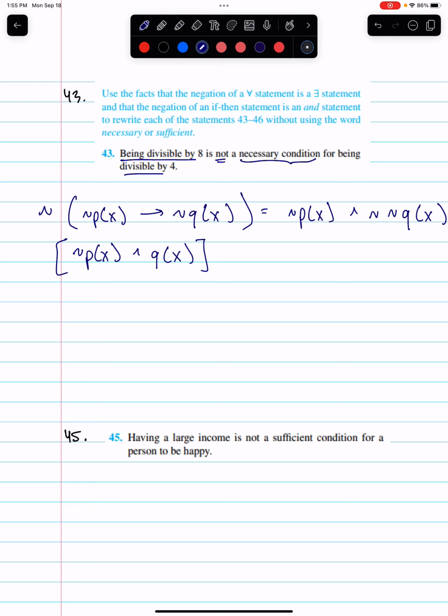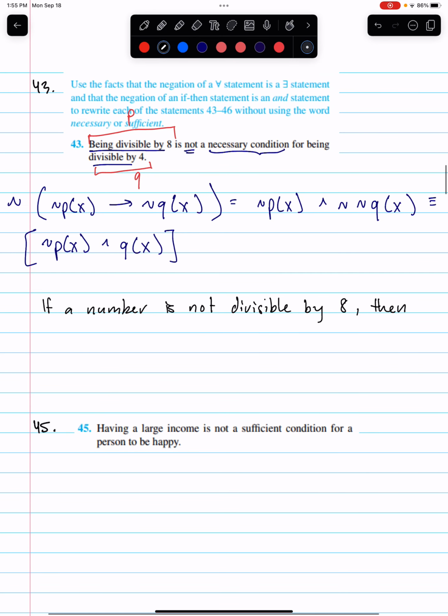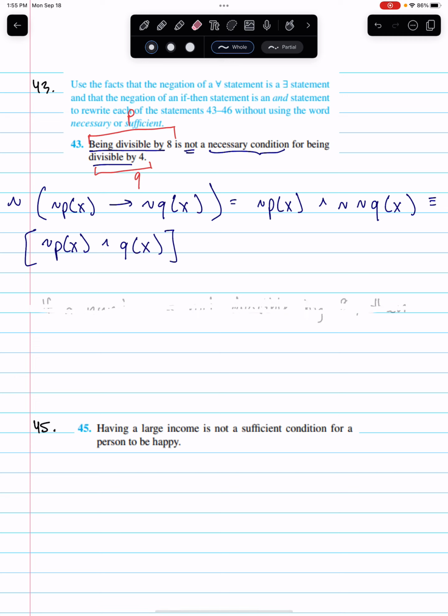So if we look at this and say that this is P and this is Q, we could rewrite this into saying, if a number is not divisible by 8, then, there's no if, my bad.